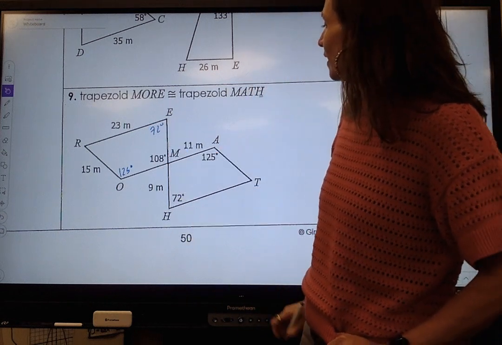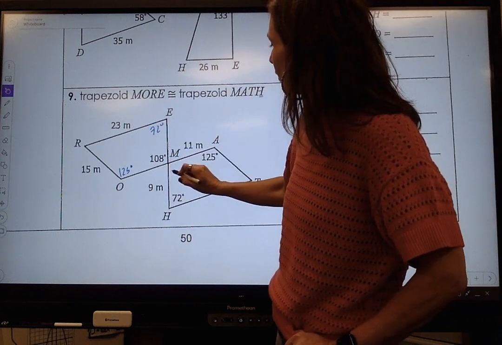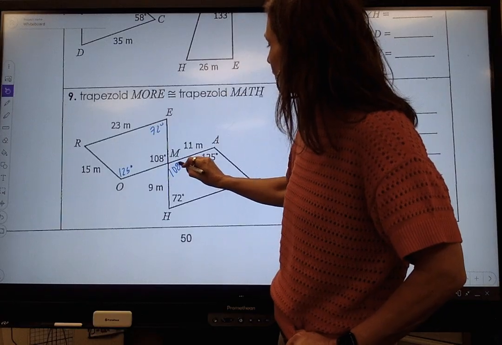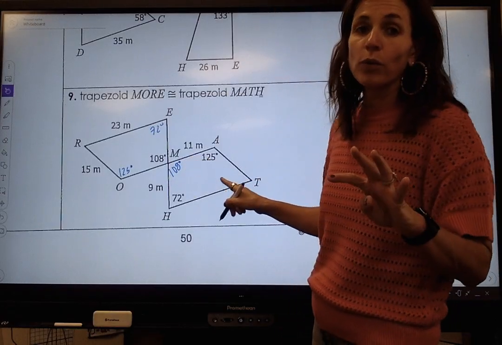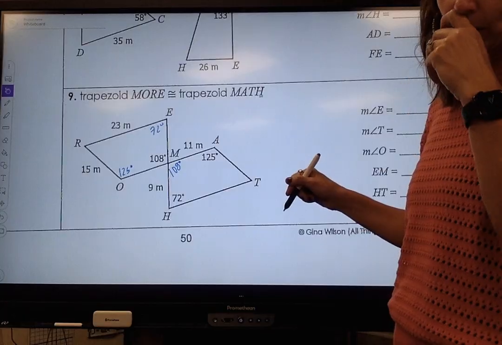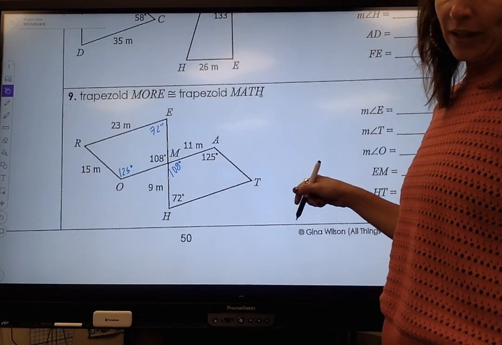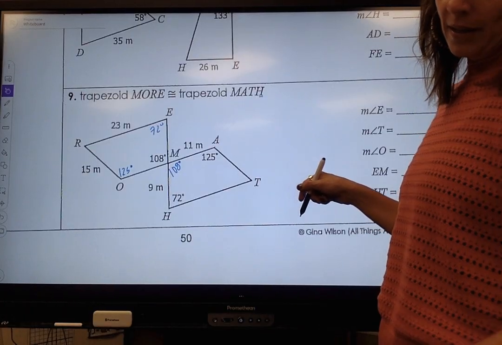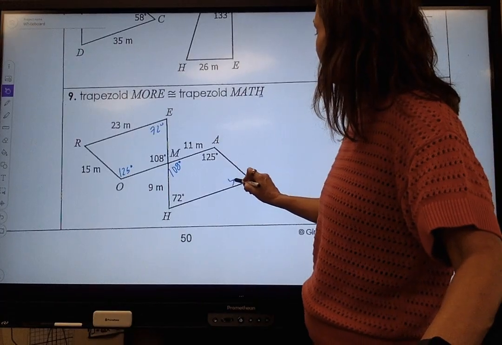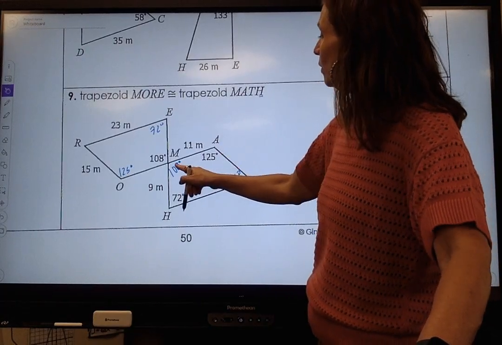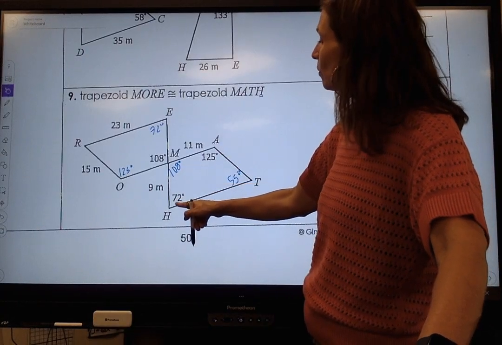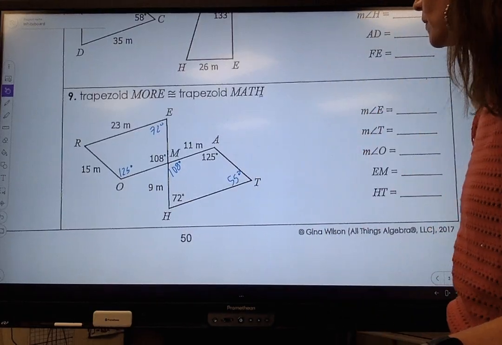And I know that I can find vertical angles here, so 108 degrees. So I know I can find that fourth one because there are 360 degrees in a quadrilateral. So if I add them up, angle T is going to be 55 degrees. 125 plus 108 plus 72, subtracted from 360, is going to give me 55.